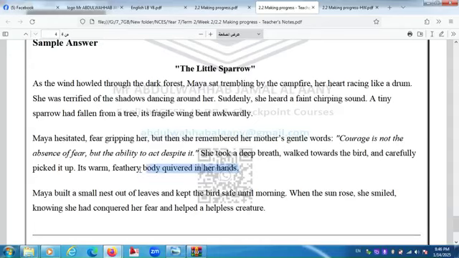That's the peak of the problem, the climax, and this is the resolution. Maya built a small nest out of leaves and kept the bird safe until morning. When the sun rose, she smiled, knowing she had conquered her fear and helped a helpless creature.